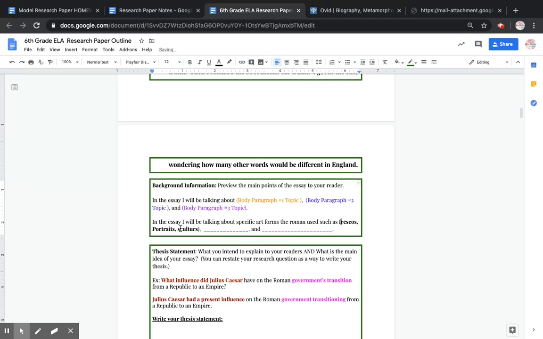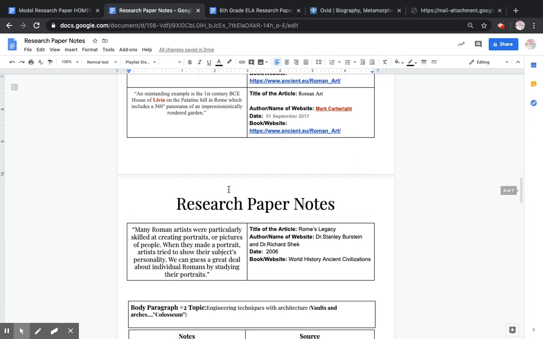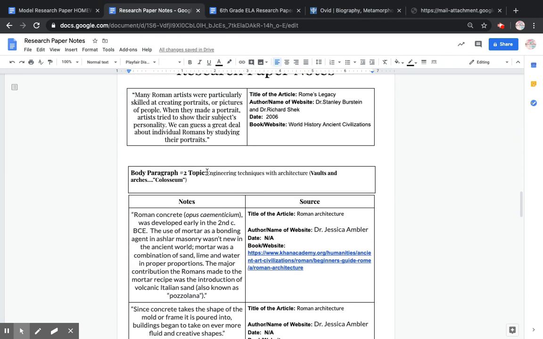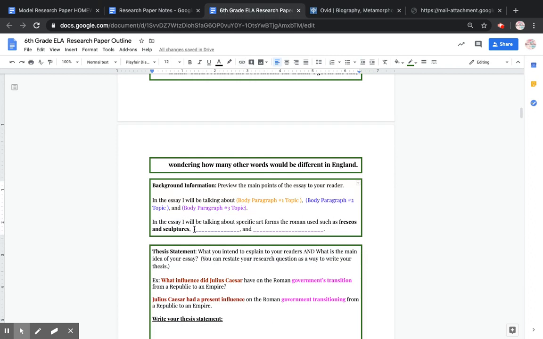frescoes, and sculptures. Perfect. All right. It's frescoes and sculptures, and then I'm going to put my topic 2, the engineering techniques used with architecture is my second one.